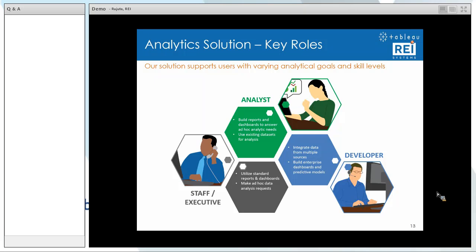All the roles have different interactions with the analytic solution. Staff can access direct dashboards and reports. Analysts utilize the self-service capability to regenerate insights for their team or supervisors, while developers help in integrating data from multiple sources and continuously enhance reporting models. To understand the details, we will now do a deeper dive in our analytics solution.